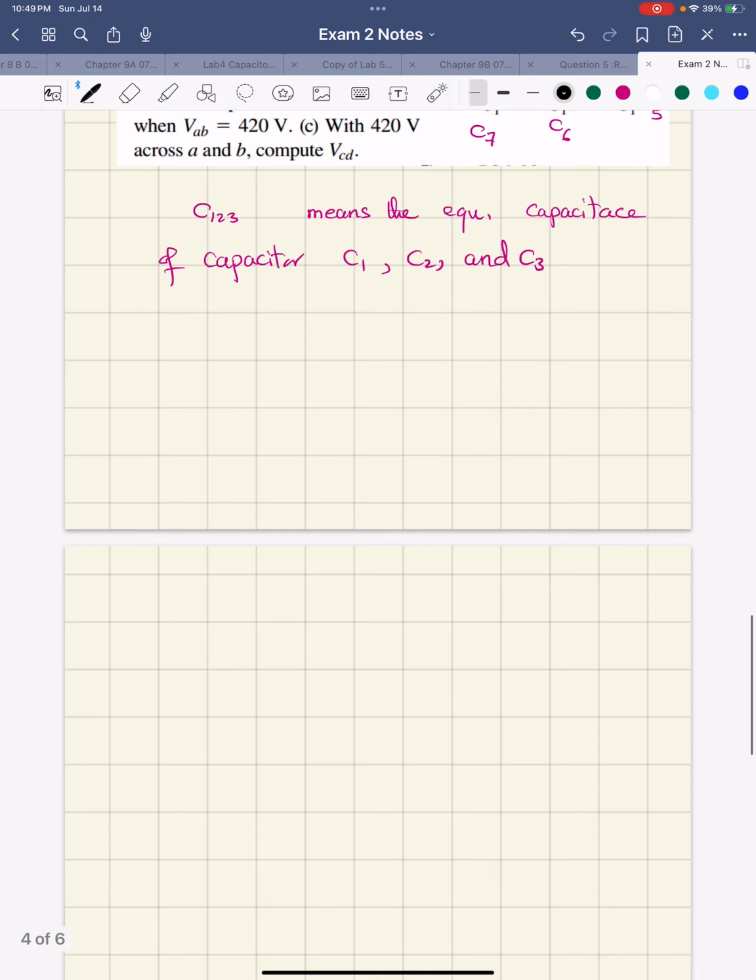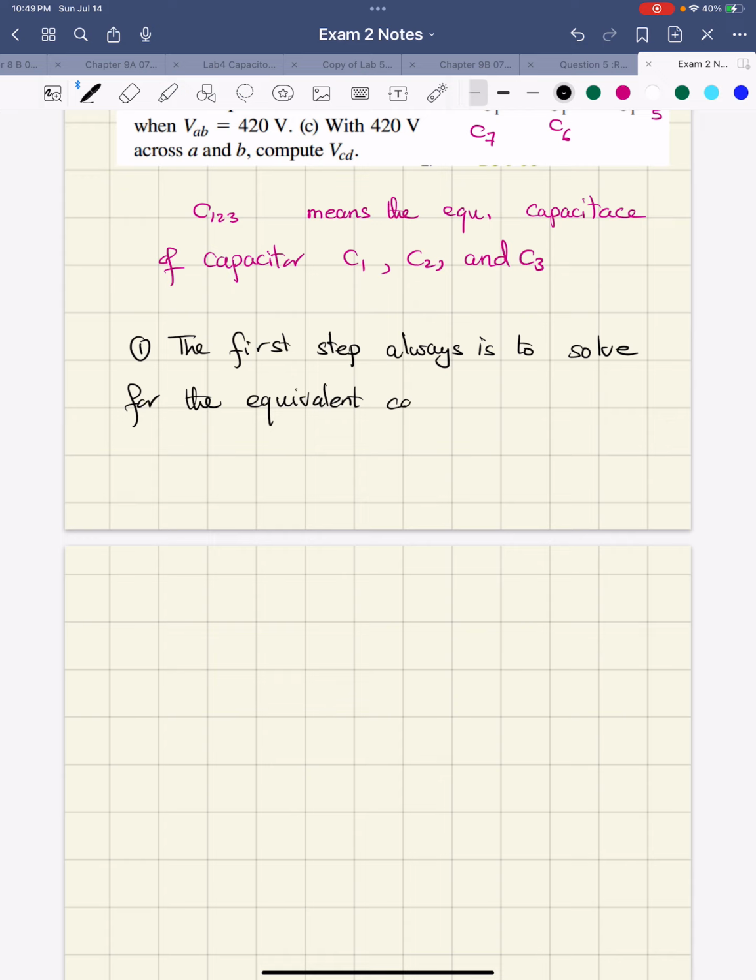Now I will say the first step always is to solve for the equivalent capacitance of the whole network.